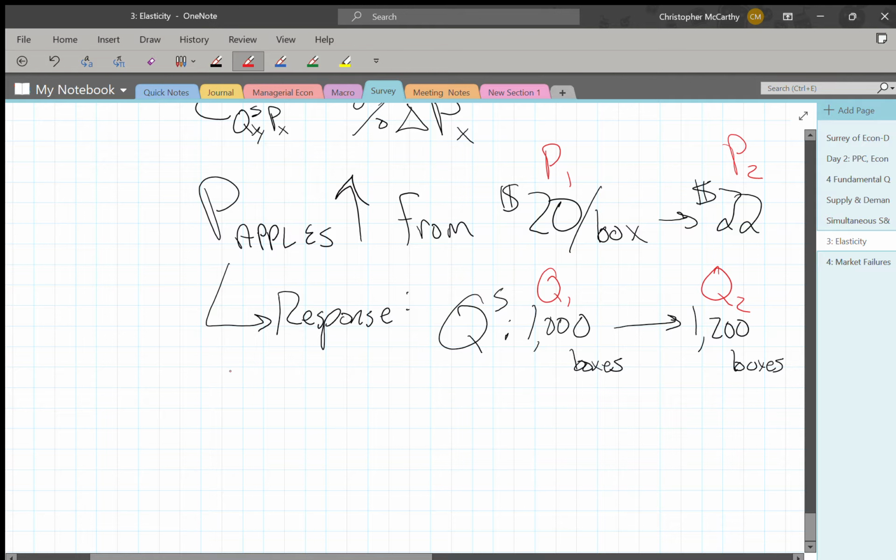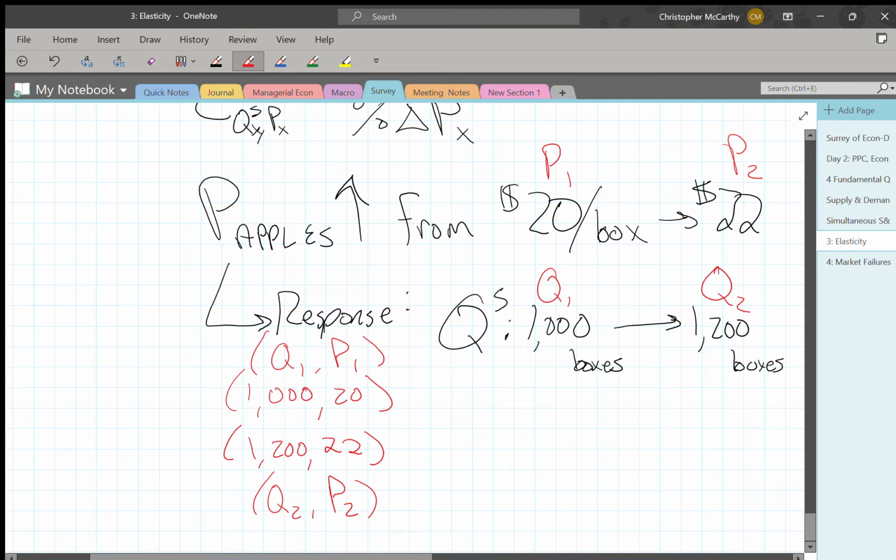So that means that I have this pair, right? I've got a pair of 1,000 and 20, and I've got another pair of 1,200 and 22, right? If we wanted to think of this as my Q1, P1 and my Q2, P2.